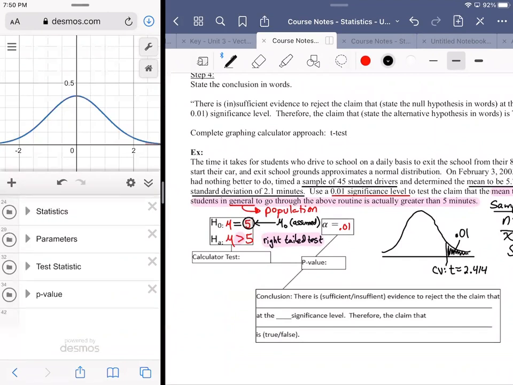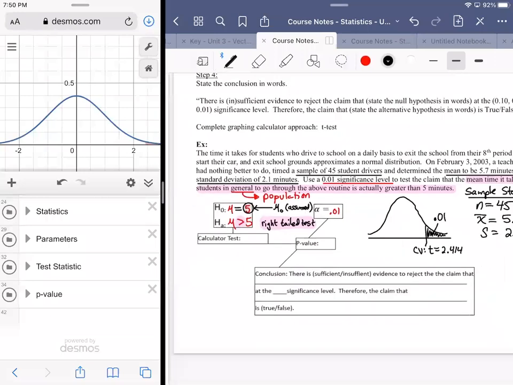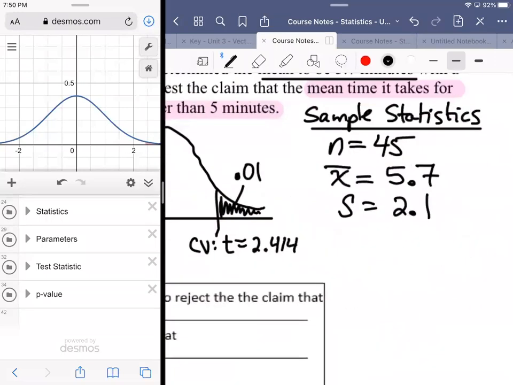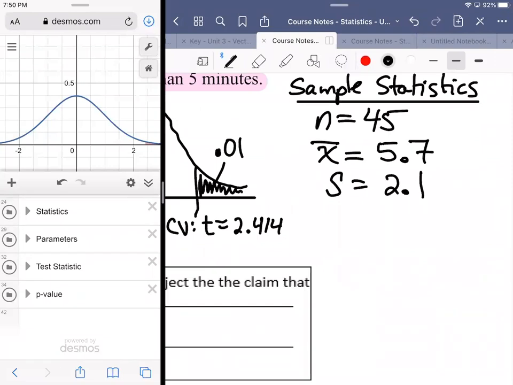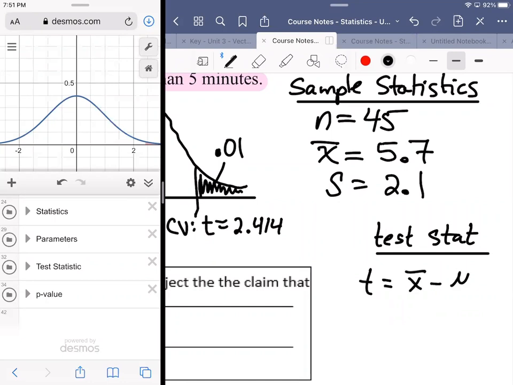Now the test statistic. The test statistic's weird in the sense that the notation that I'm going to use on paper is slightly different than what I'm going to use on Desmos. Every hypothesis test is going to have its own test statistic. This test statistic is in the form of t is equal to x bar minus mu sub 0 over s over the square root of n, which is a crazy looking formula.